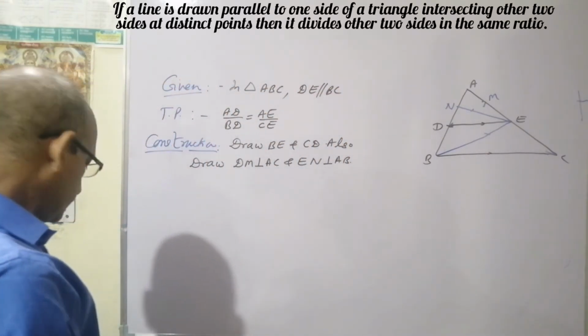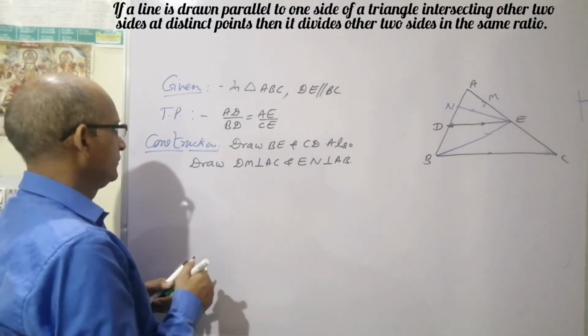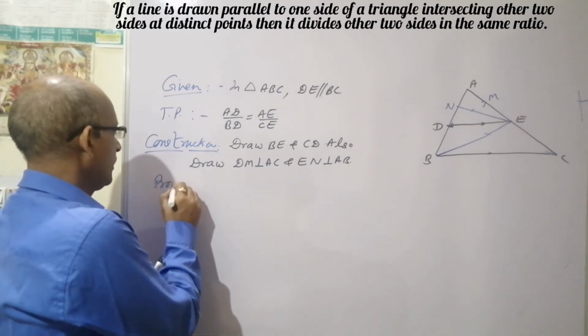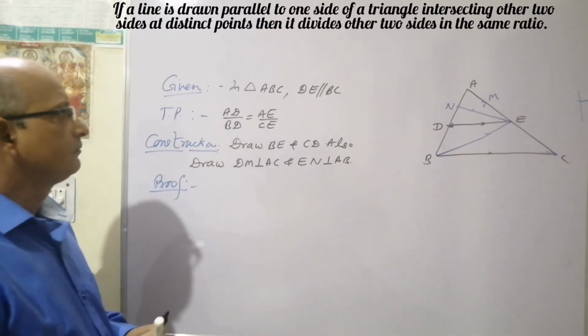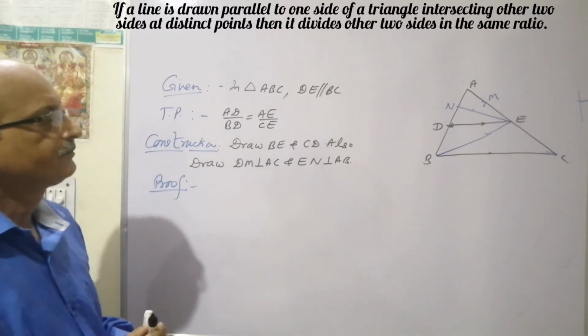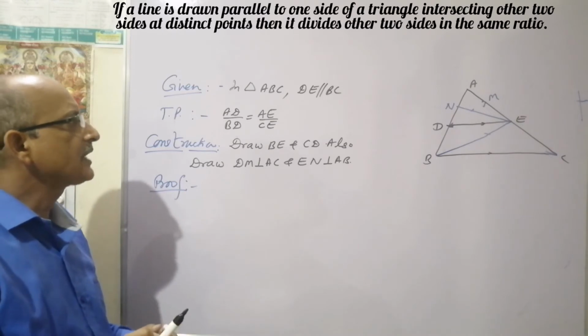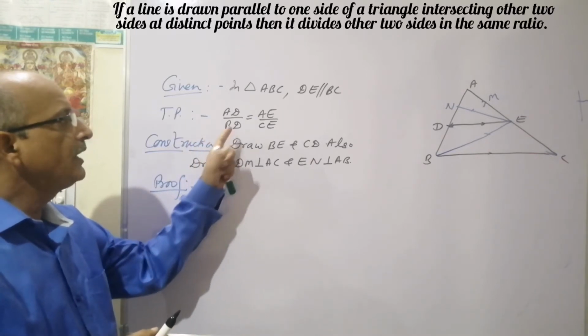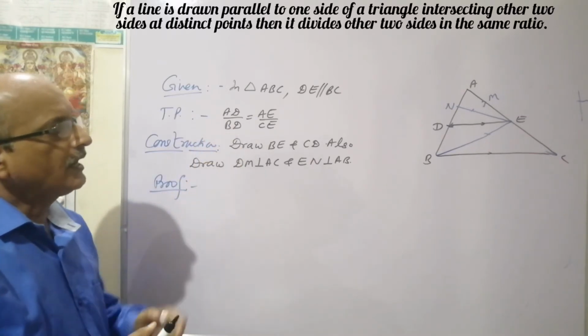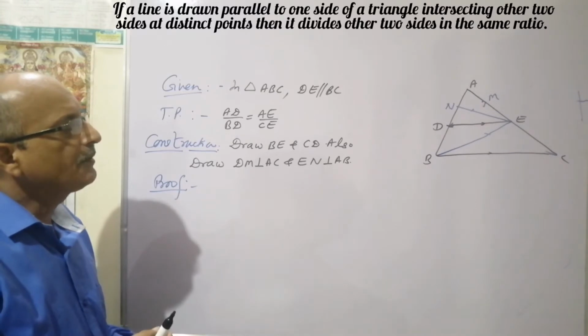Let's see the proof. First of all, we'll see the left hand side. What is the left hand side of the proof? I think it is given already here, to prove AD upon BD.